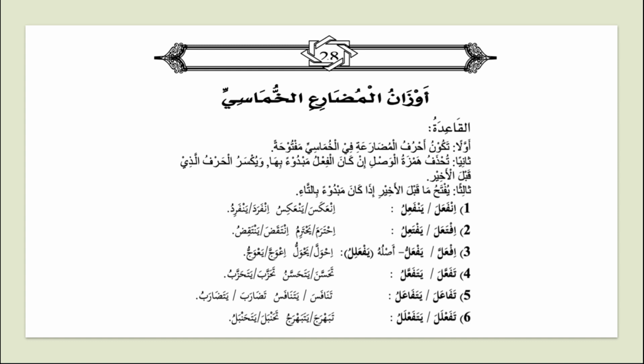So if we were to look at the scales 1, 2 and 3, in fa'ala, ifta'ala, if'alla, they all begin with a hamzatul wasl. He said that they are all dropped if the verb starts with them. So only the first 3 start with a hamzatul wasl, and the second 3 start with a ta. So these rules are only for the first 3. And then second point he mentioned that the second last letter will take a kasra.